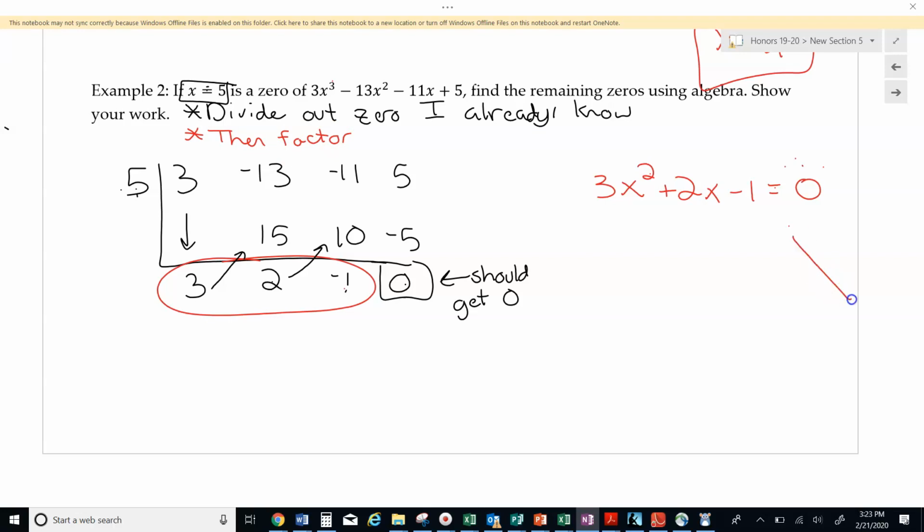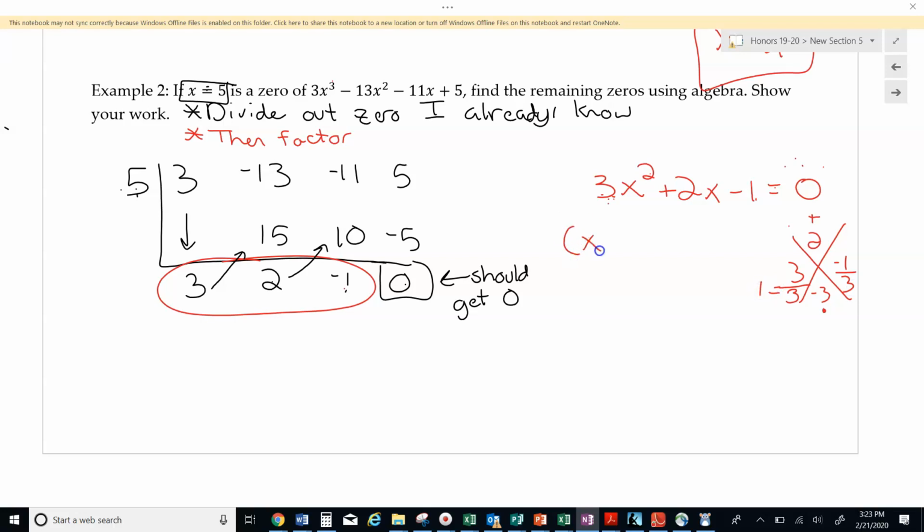So I'm going to do the same thing. Here I'm adding to 2. 3 times negative 1 is negative 3, and that's what I'm multiplying to. Well, that's going to be 3 and negative 1. Since I multiplied by 3, I have to divide by 3.